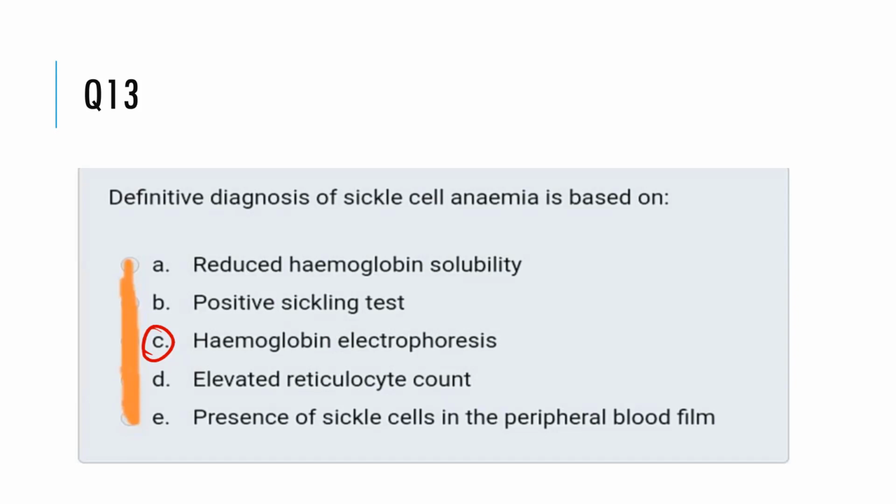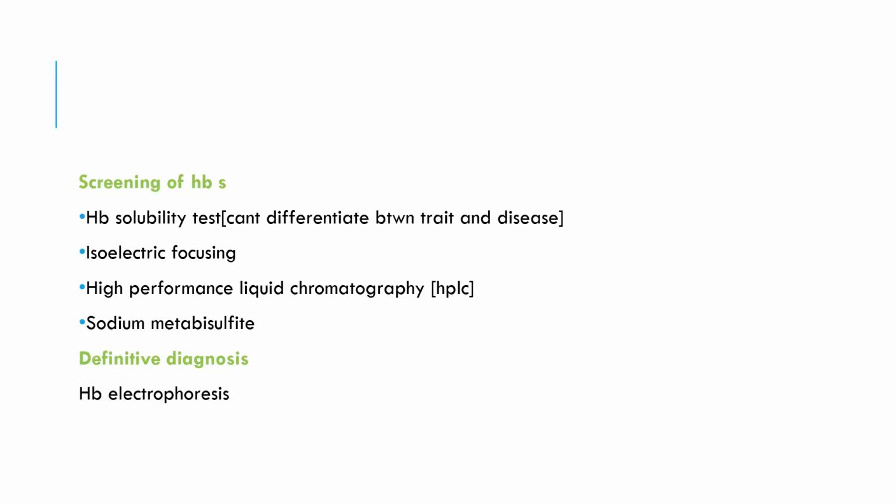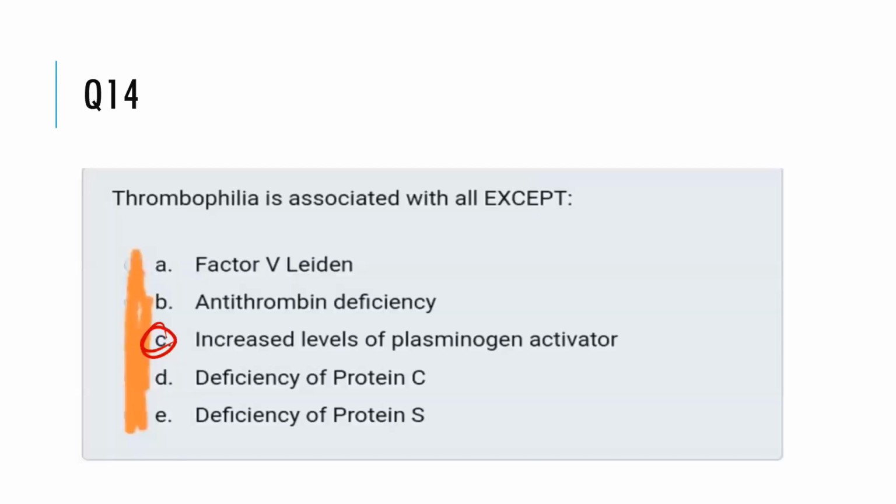You can put your HPLC and your isoelectric focusing, but when the question is definitive diagnosis, the only answer is Hb electrophoresis. Make sure you can also read the results of Hb electrophoresis so that you can know whether it's a sickle cell trait or a sickle cell disease, things like that.